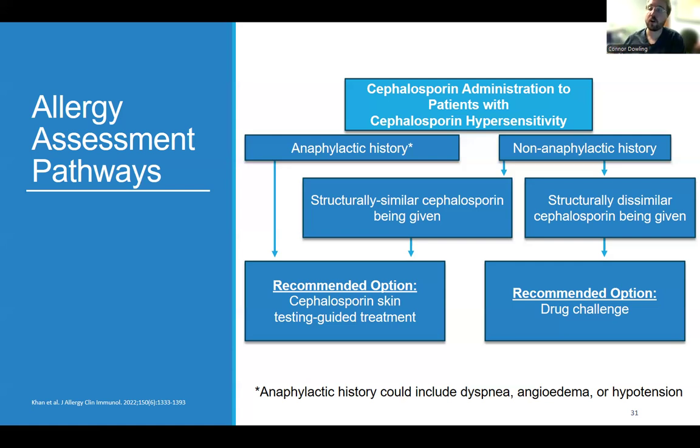In terms of our non-anaphylactic history, if a structurally similar cephalosporin is being given, this is also going to be an indication where we should probably look to use skin test guided treatment per our 2022 practice parameter update. Something that we're not necessarily going to do here at Norton Healthcare for our inpatient adults. So really we're just going to avoid our treatment generally.